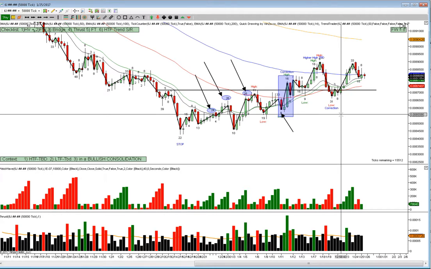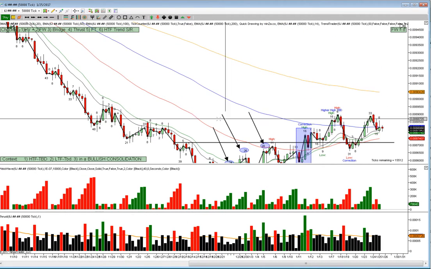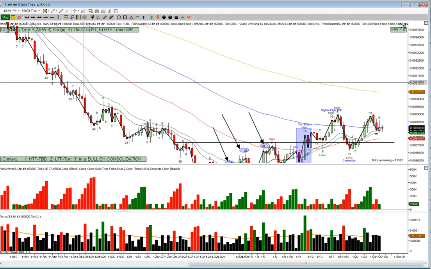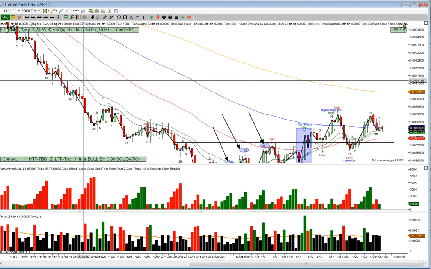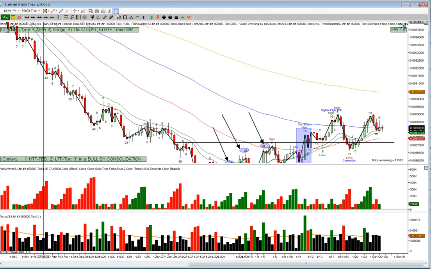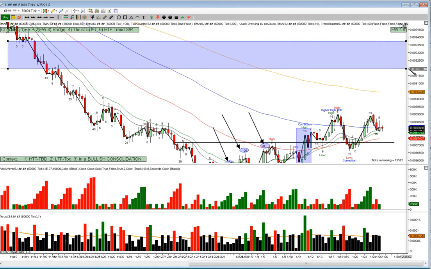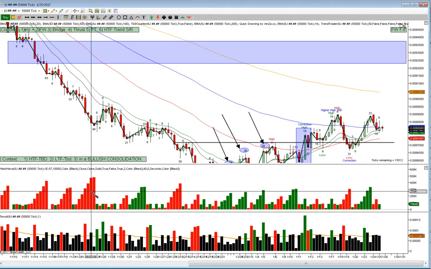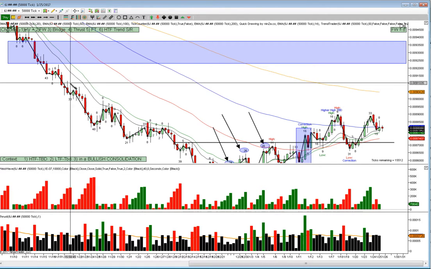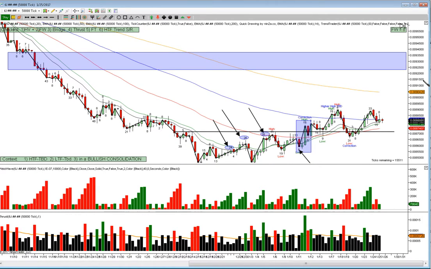What area? I don't know. It's typically an untested area, so could be here. That's where there's very strong selling. It could be even lower. I really don't know. But what you do know is that these guys came in with 31 down and 33 right back up.